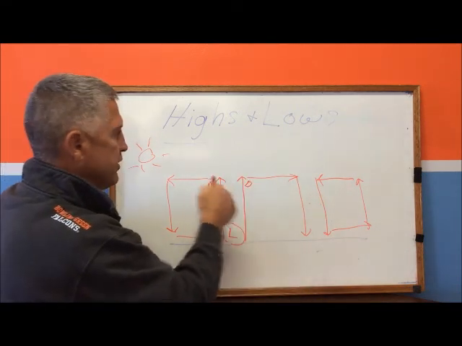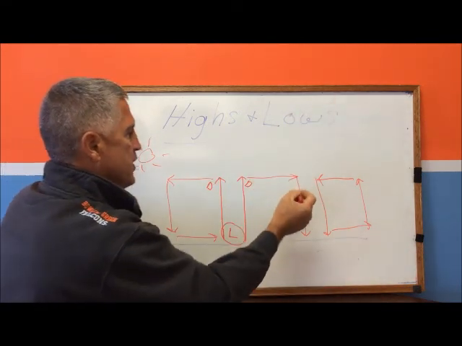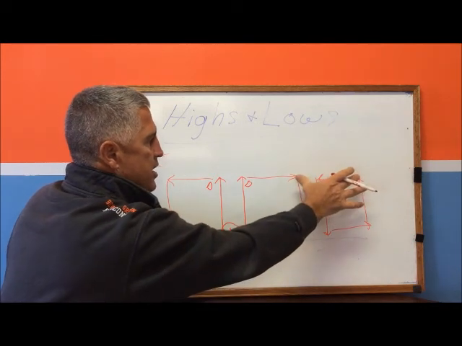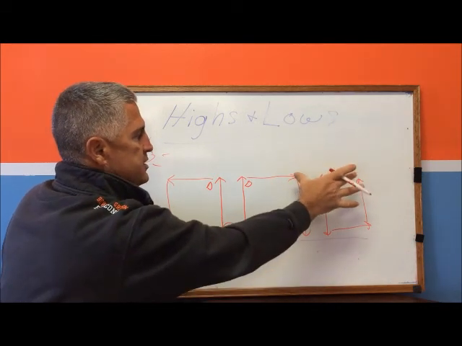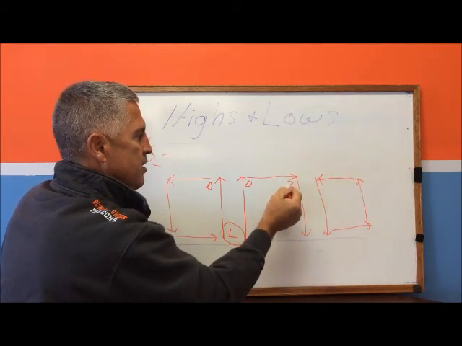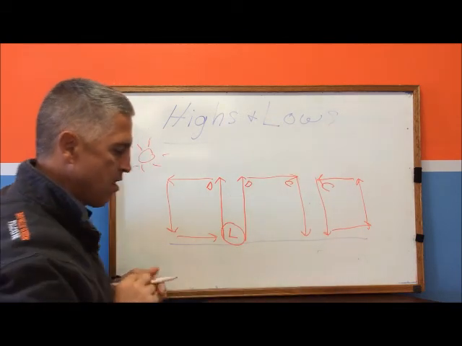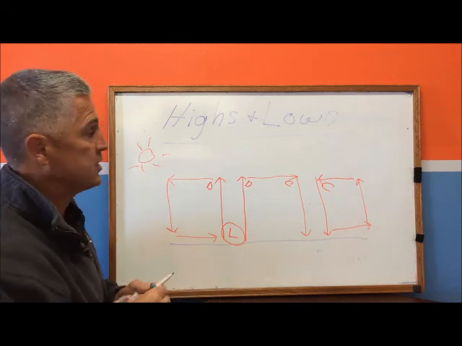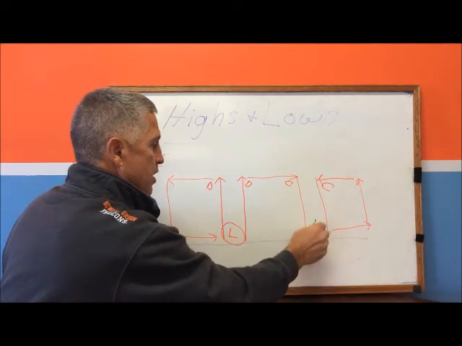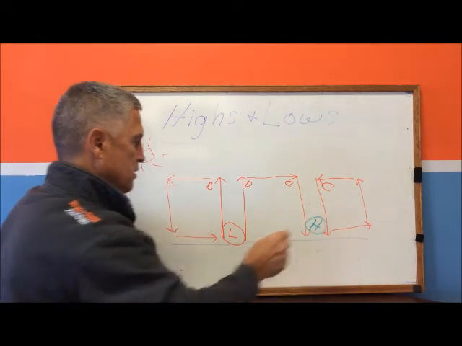Now here, this will just kind of repeat itself, but we'll jump over here to this one. Here you have two areas coming together. That's an area of convergence. And now this air is sinking here. If it's sinking and it's cooler, this is going to be an area of high pressure.